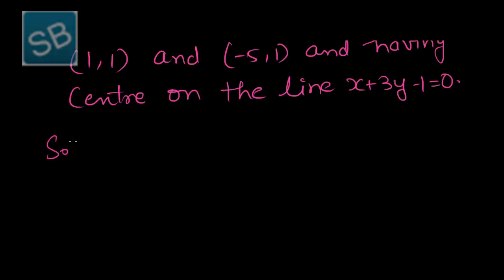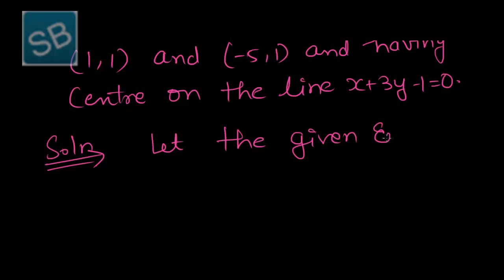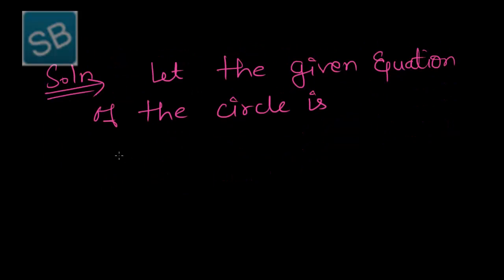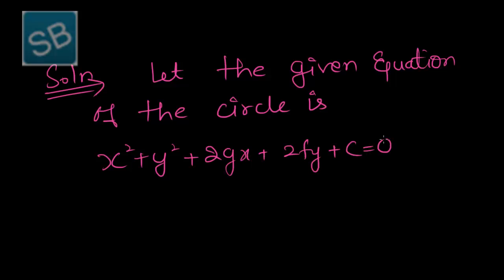So the solution is: let the given equation of the circle be x square plus y square plus 2gx plus 2fy plus c is equal to 0. That is number 1.